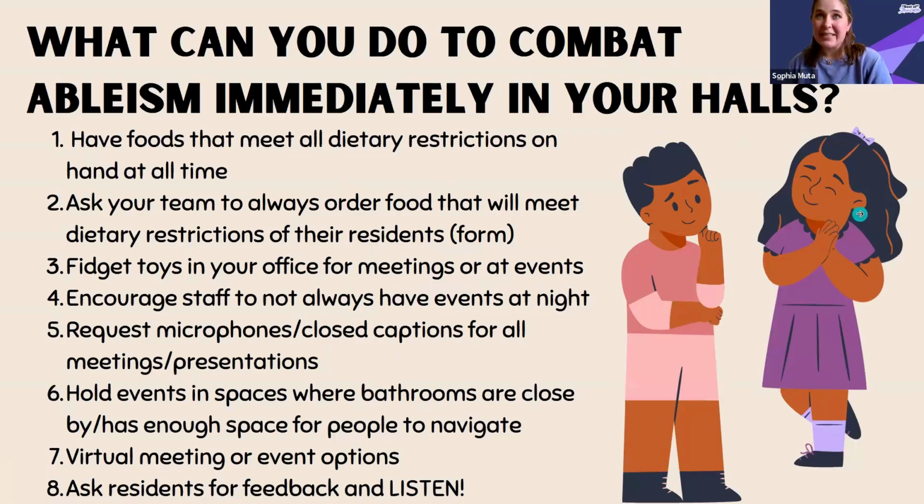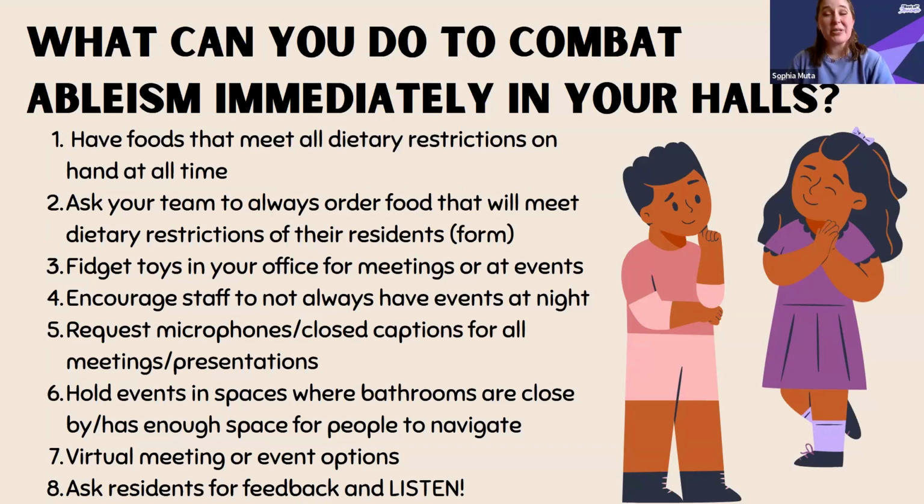So here are some of my ideas again about what you can do to combat ableism immediately, right, in your halls. So some ideas: have foods that meet all dietary restrictions on hand at all times, right? Maybe that is some cookies, maybe that's some granola bars, maybe that's some chips that you have just in your office, nearby for your house fellows or your RAs to just grab and pass out at an event for a student who might have a dietary need.